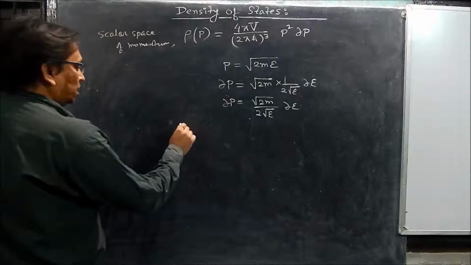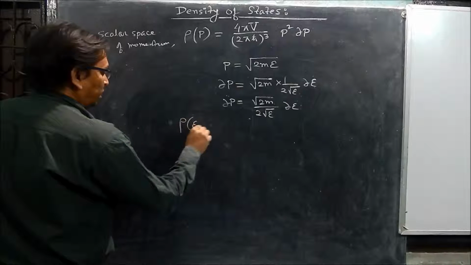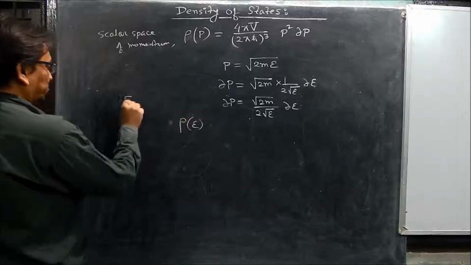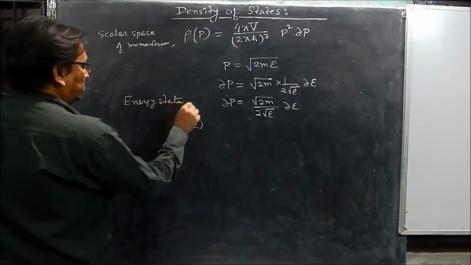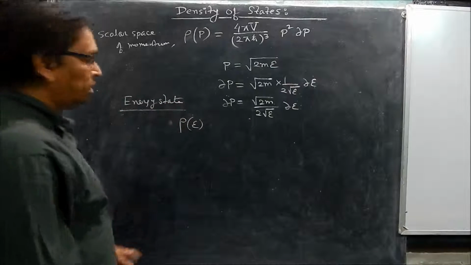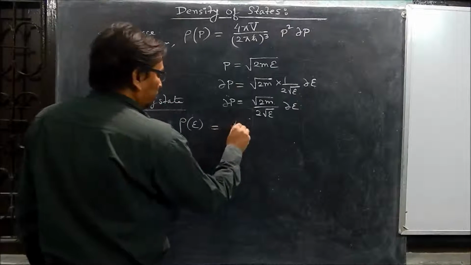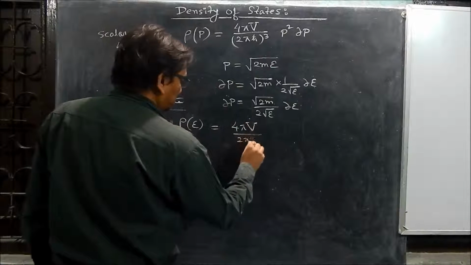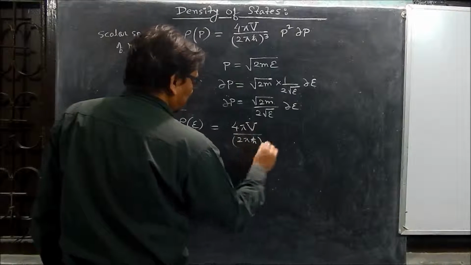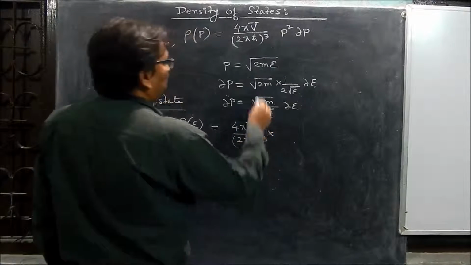Let us put this and we will get the rho of energy. So this is the energy state, and the energy state will always be scalar because energy is scalar. So this gives 4 pi v by 2 pi h bar whole cube into p square.